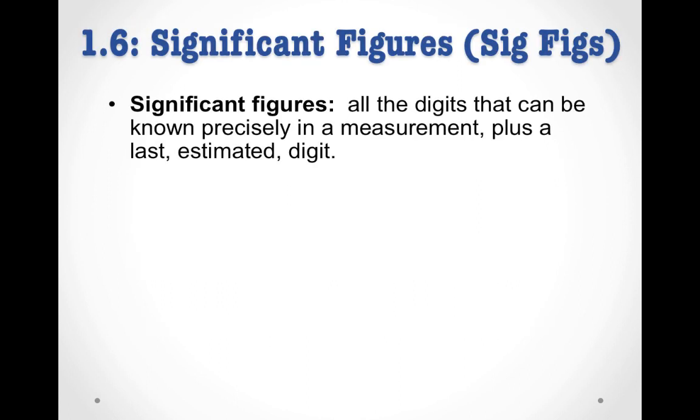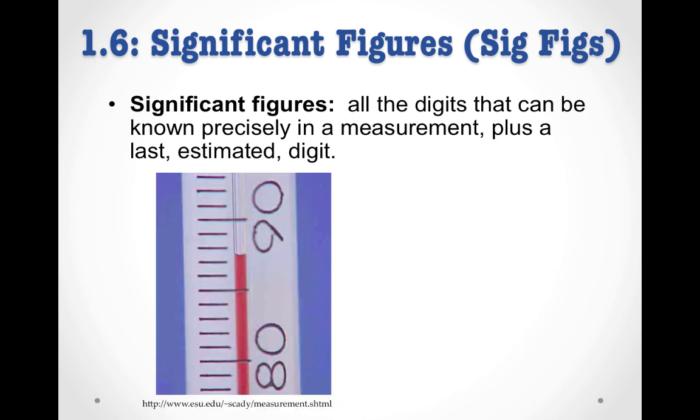So what is a significant figure? Significant figures are all the digits that can be precisely known in a measurement, plus a last estimated digit. So if you recall from the previous video on measurement, if we're measuring, say, the temperature of an object using this thermometer here, we know that our temperature reading is going to begin with an 8, then it's going to be 80, 1, 2, 3, 4, 5, 6, 7.